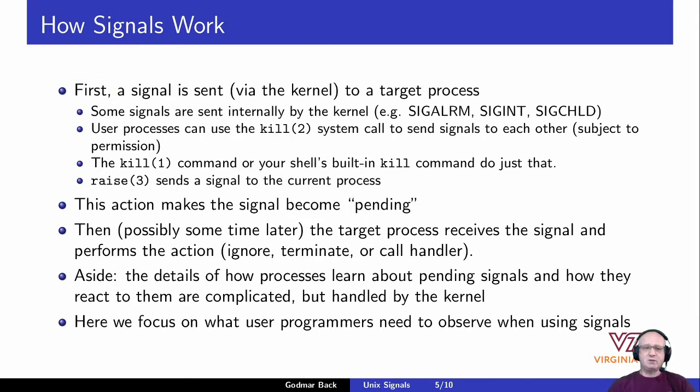So let's talk about how signals work. First, something has to happen that causes the signal to be sent to the target process. This depends on the signal. For example, for the alarm signal, the kernel would set a timer. When it goes off, the kernel would send a signal.